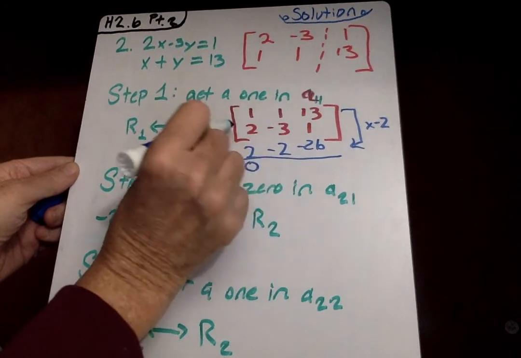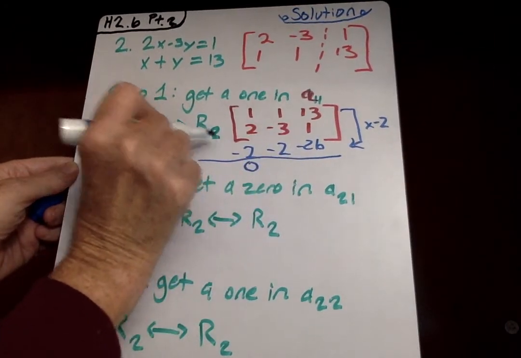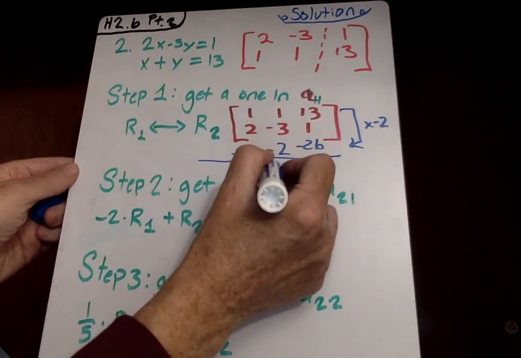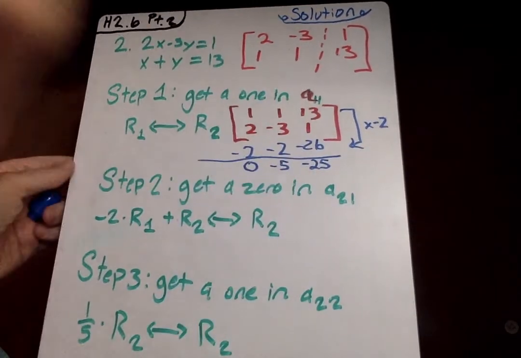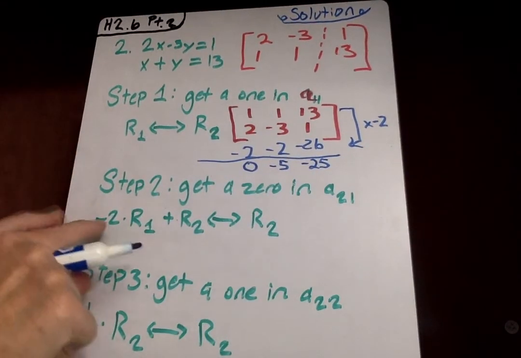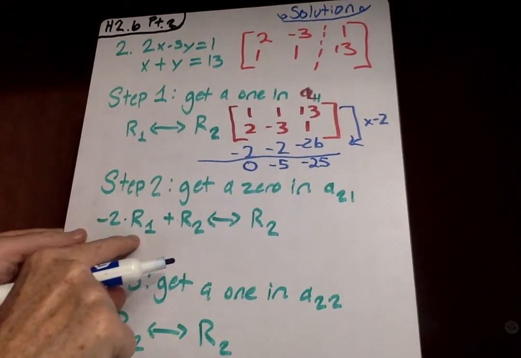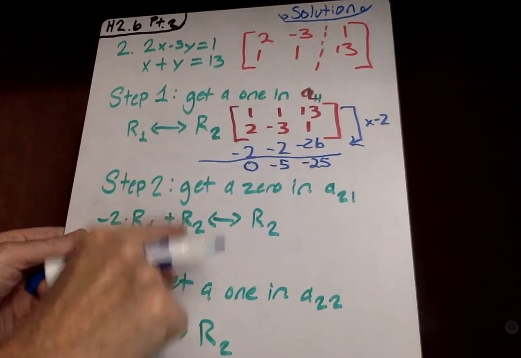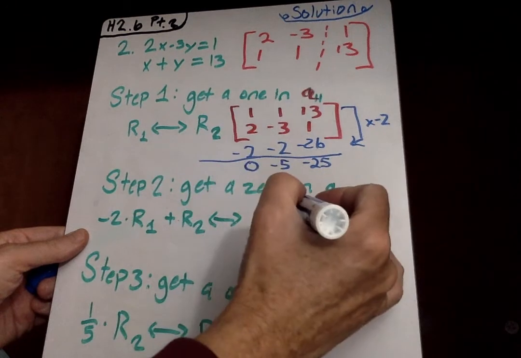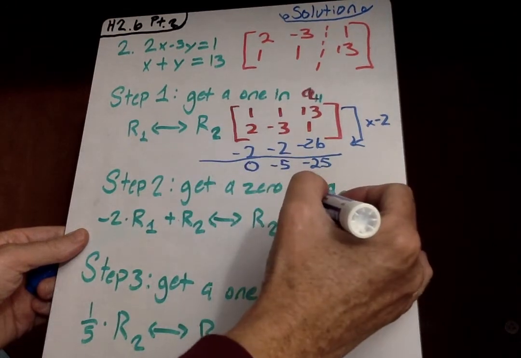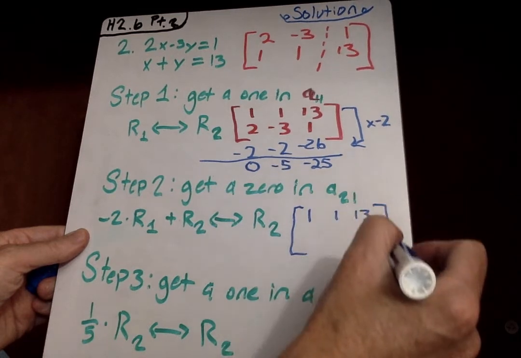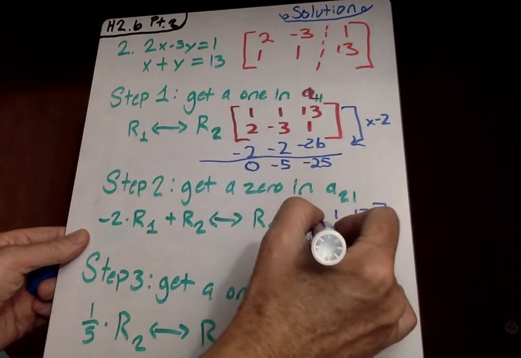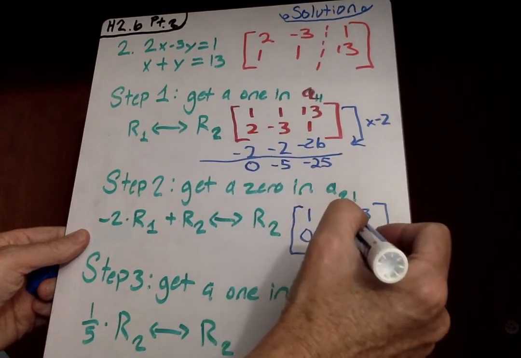Again, I'm taking the second right here and adding it to this one. And this is going to be -5, and that's -25. Okay, so again, it shows -2 times row 1 plus row 2. That's just what I did here. So now we have 1, 1, 13, and 0, -5, -25.